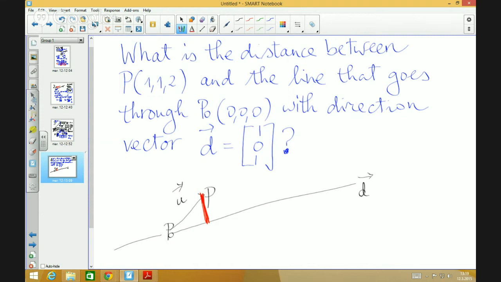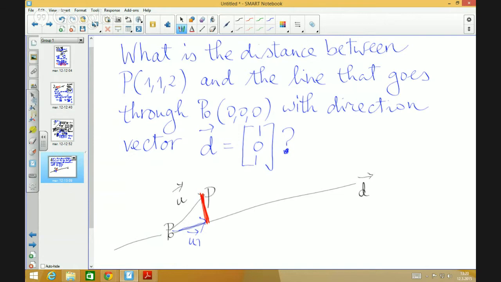Okay, because what is this blue vector here? It's something that we might call U1. And it's nothing but the projection of U in the direction D, which we know how to compute. We saw it before. There is a formula for computing U1.